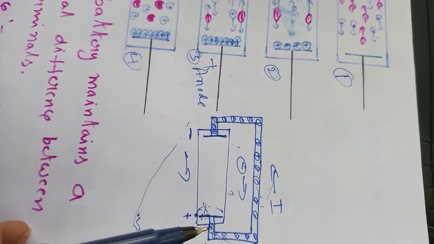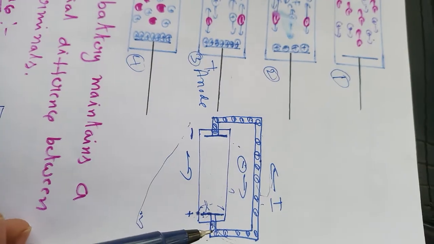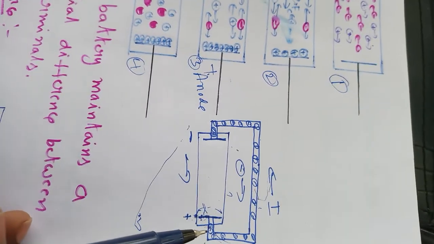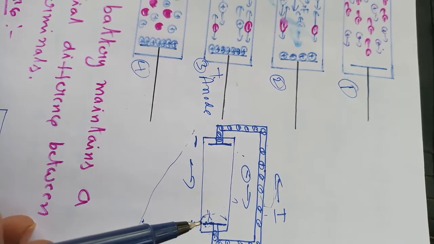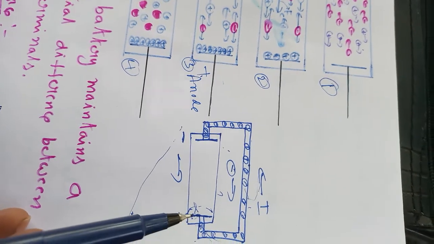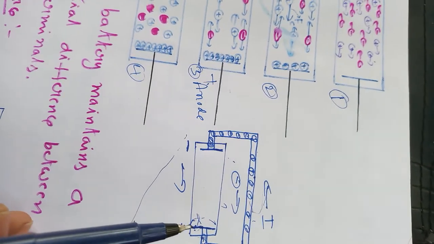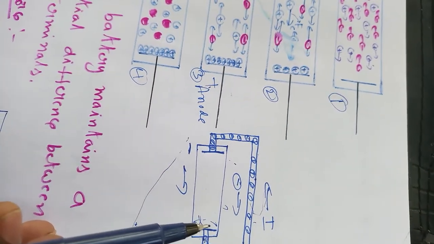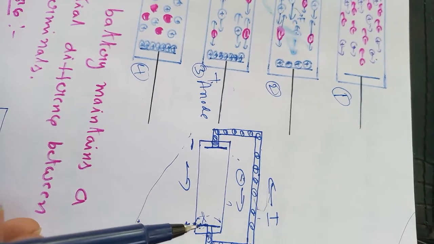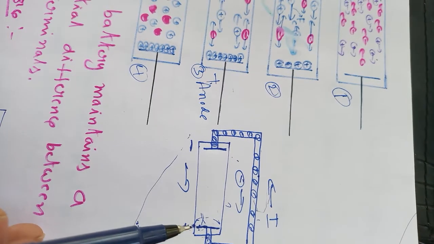Now see here, the electrons which are closer to the positive terminal are attracted by this positive terminal. So when electrons enter into the positive terminal of a battery, what happens? The repulsive electric force decreases, because the positive charge decreases on this plate.